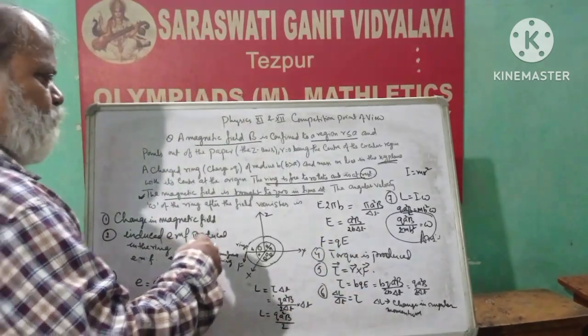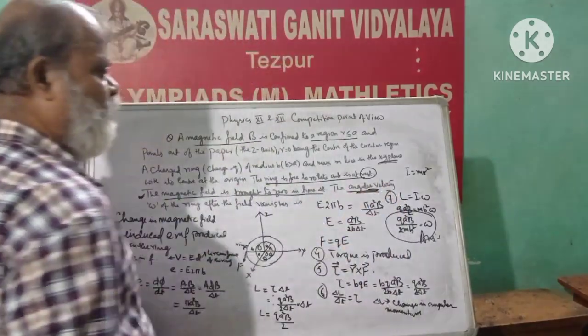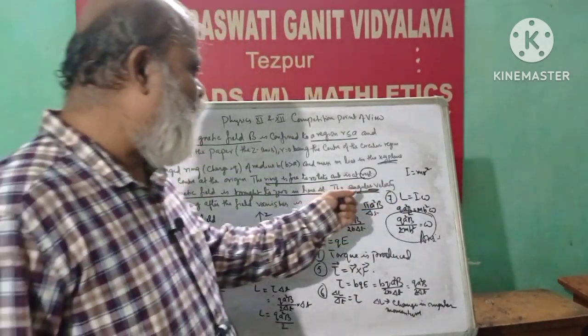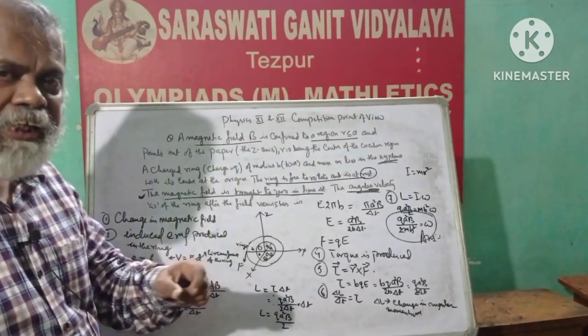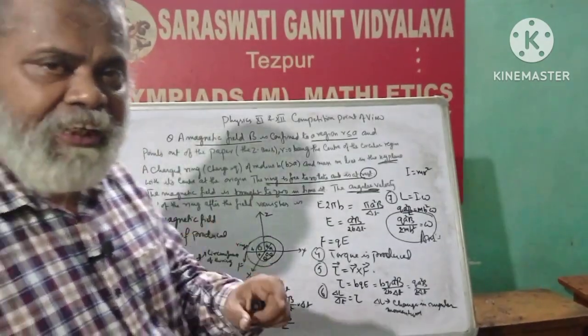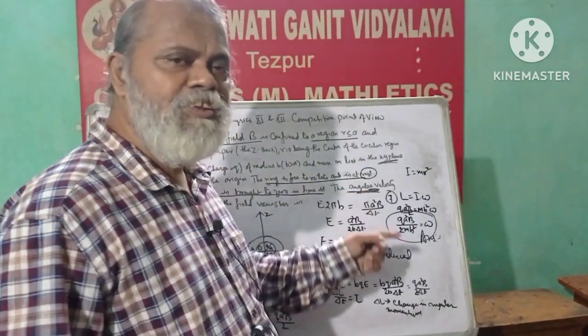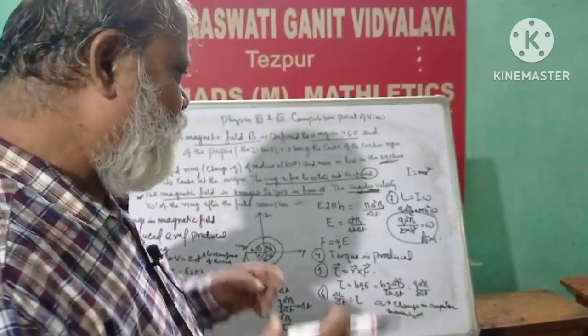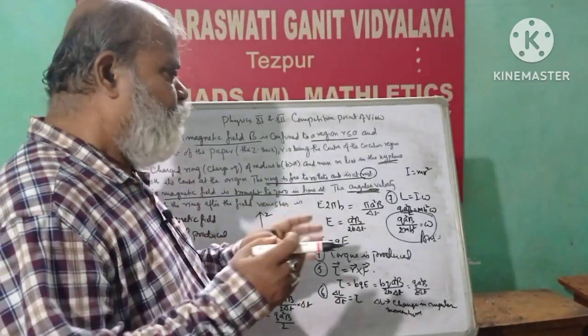And another very important point is, since the question asks about angular velocity, when there is an angular velocity, there must be a torque. This is the main important point. Such type of ideas you must cultivate.